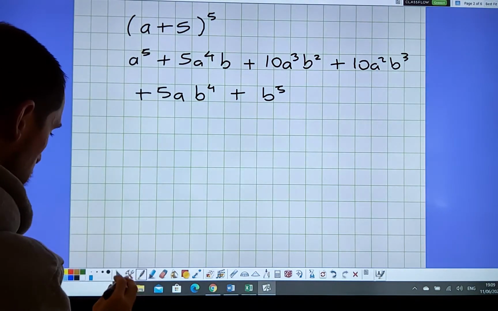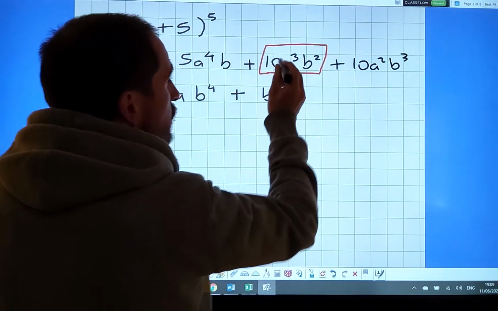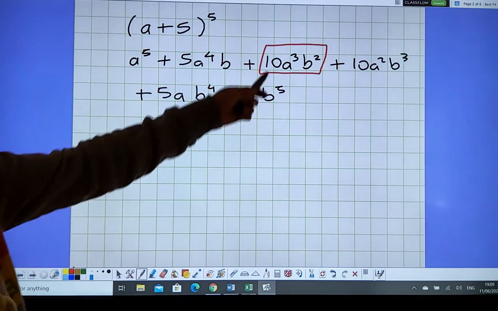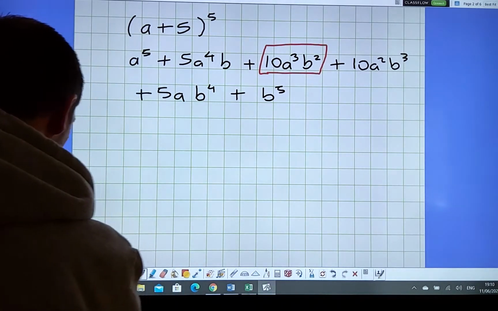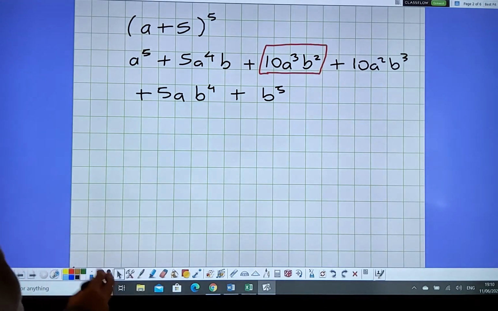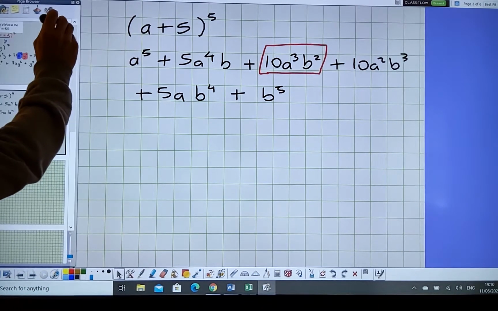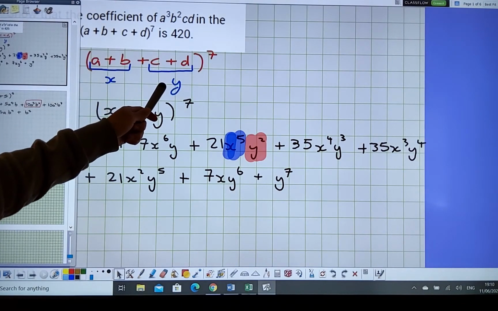So what we're interested in is this. So the coefficient there is 10. So the coefficient of a cubed b squared is 10. Now, the next part we're interested in is c plus d, because if you look here, and again we let c plus d equal to y, okay?